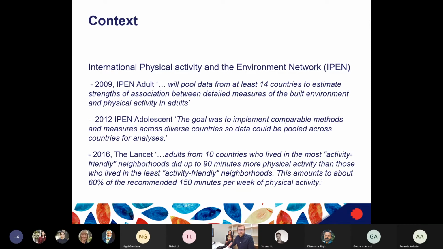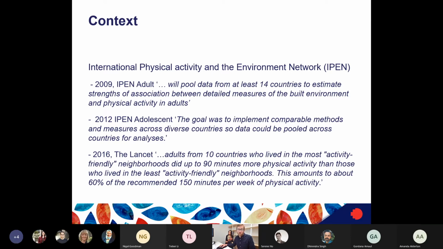For context, this project really does evolve from a series of studies undertaken by the IPEN network. The network was established in 2004, and then there was the 2009 eponymous study, IPEN Adult. I've taken some key quotes here for each of these points across time.